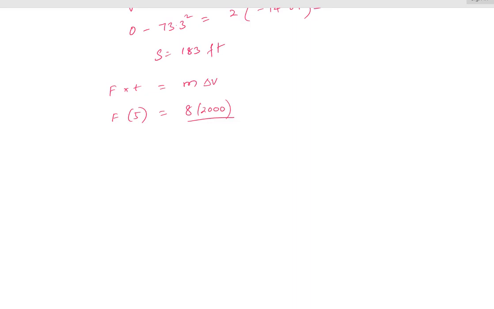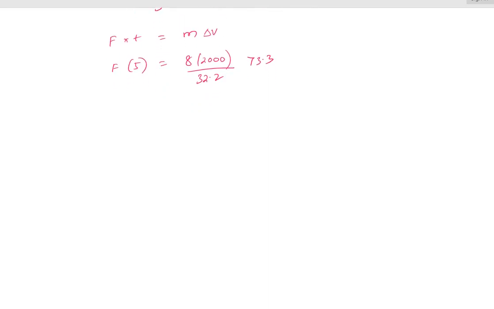But that's the weight, and we need to convert it to mass, divided by 32.2, times the delta V, we already know 73.3. We went from 73.3 to 0, so the delta V is still 73.3.